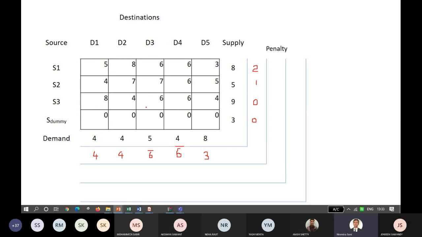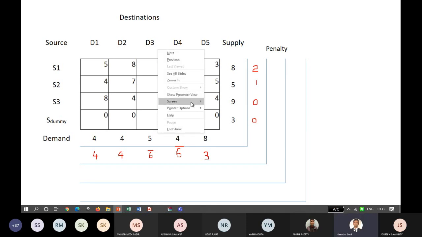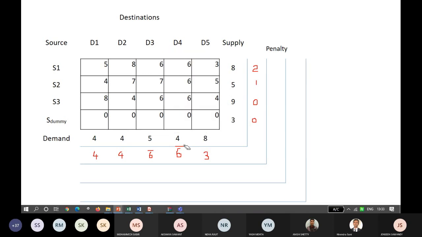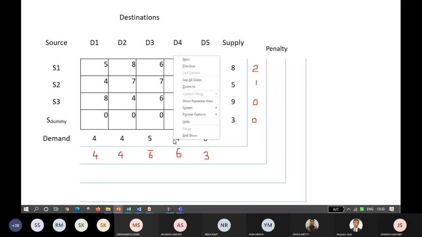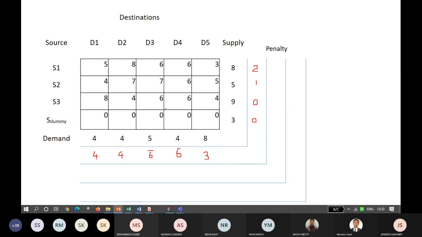Okay. So I will make an allocation here in this cell.